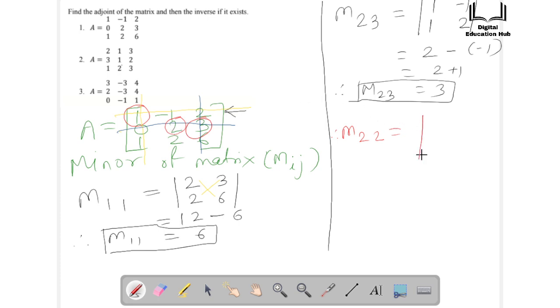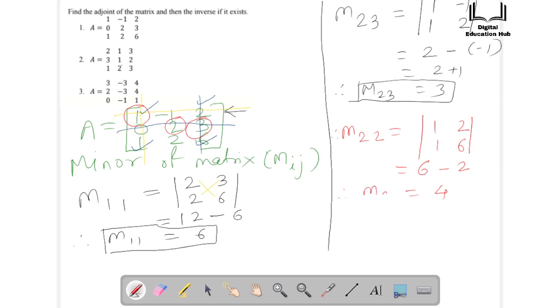So the minor would be written with the numbers 1, 2, 1, 6. So the answer can be written as 6 minus 2, and that would be 4.